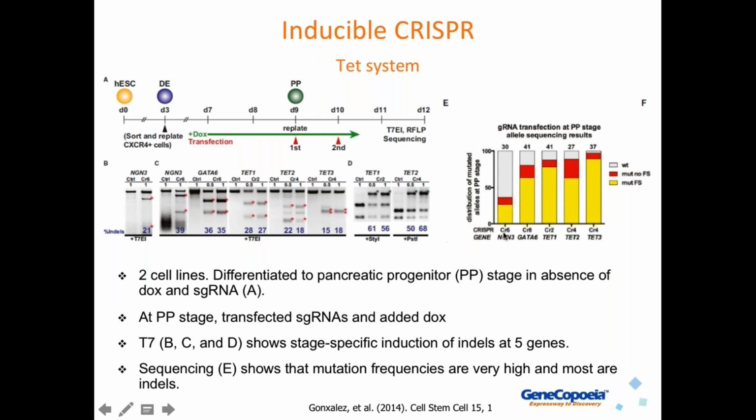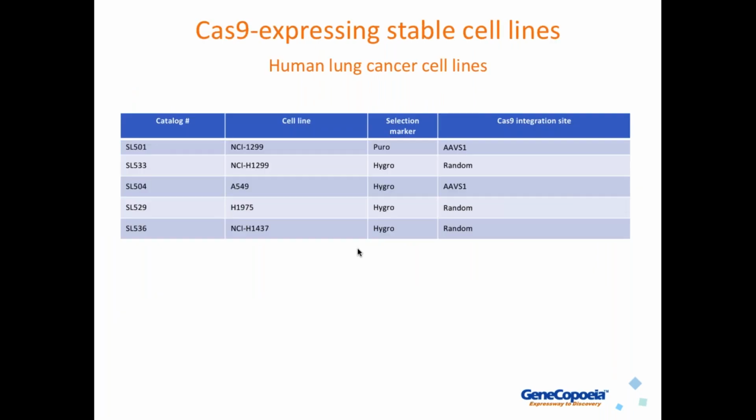And then they found by using the T7 assay that most of the cells show stage specific induction of indels at 5 different genes. So again, this is an application that would be very difficult to do if you're using a transient transfection system.